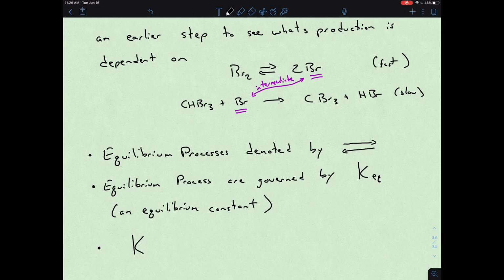And KEQ is always equal to the concentration of products over the concentration of starting materials.